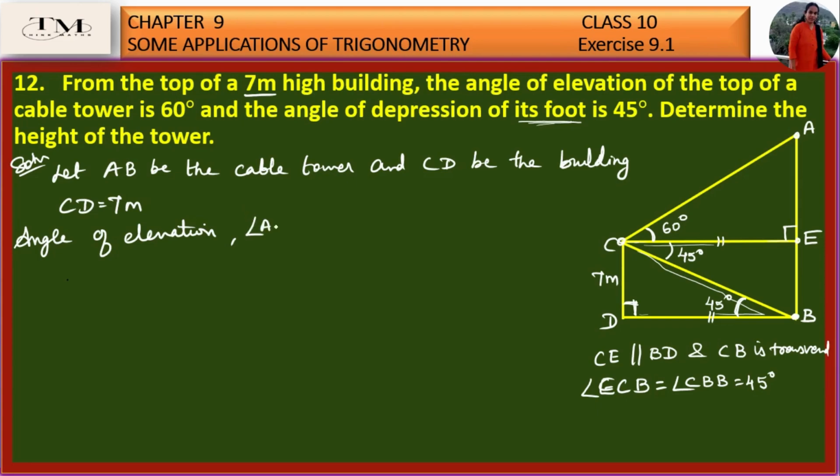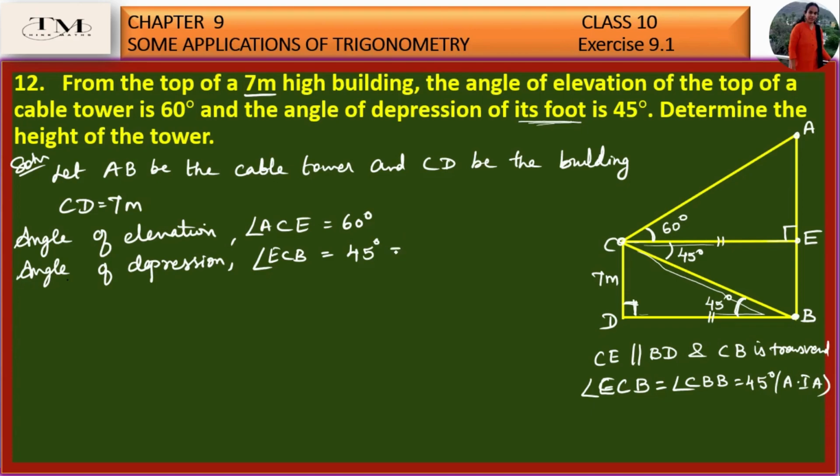So angle ACE equal to 60 degree. Then angle of depression, what is given? ECB is equal to 45 degree. So by alternate interior angles, we know that this is equal to angle CBD. Okay, so these are the things given. What we have to find? Determine the height of the tower. So tower is AB. We have to find out height of the tower AB.